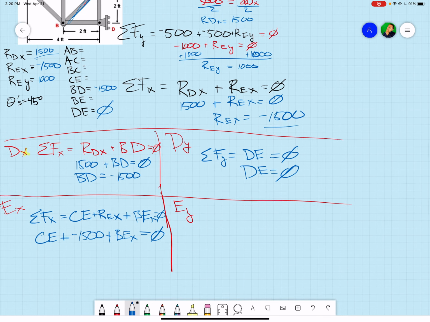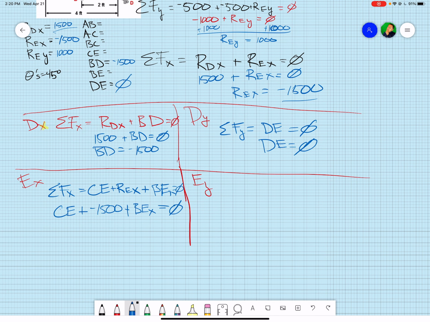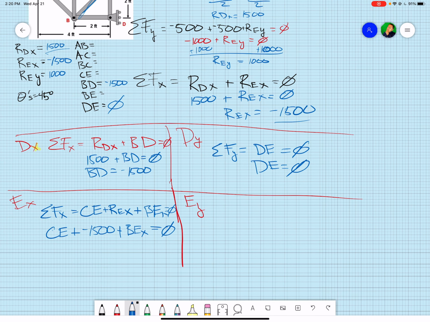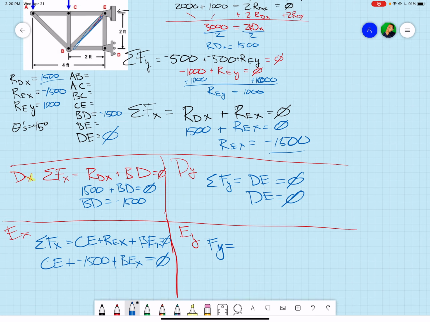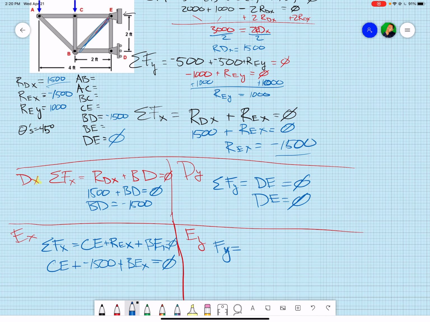What about the sum of the forces in the Y? Sum of the forces in the Y, we have the pin REY, we have ED, and we have BEY. Those add up to 0.